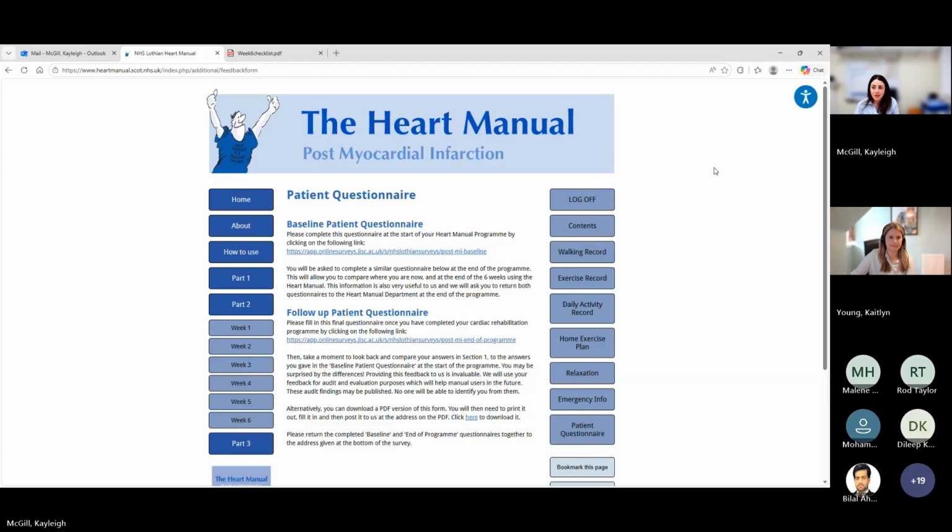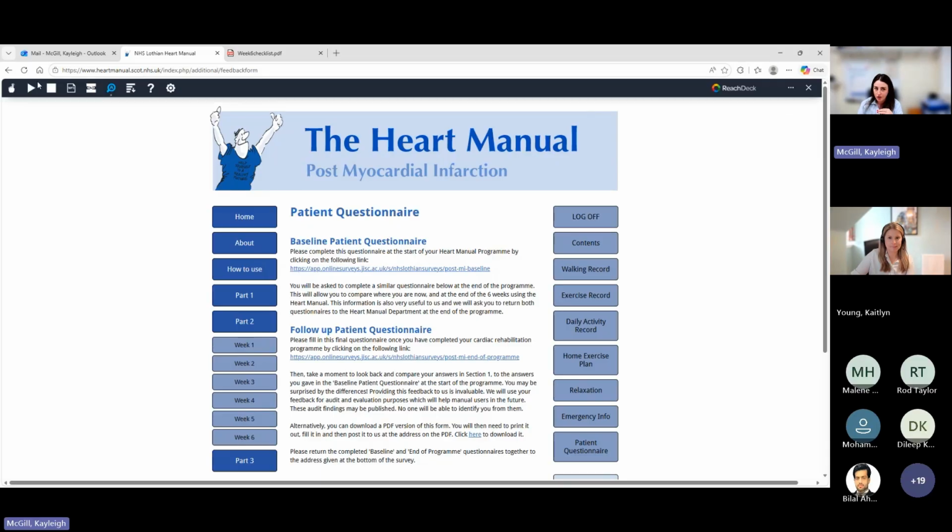And one nice little feature that I do want to draw your attention to before I finish up today is our ReachDeck accessibility tool that is built into the digital manuals. And you can access this by clicking on the little icon in the right corner here. And this tailors our digital manual to meet the specific needs of patients.